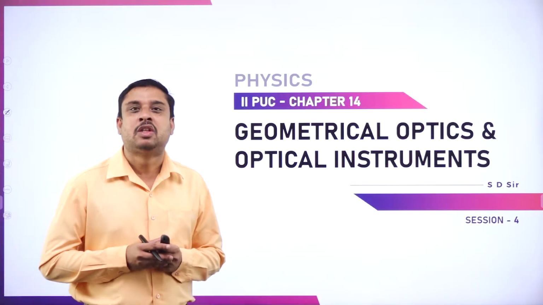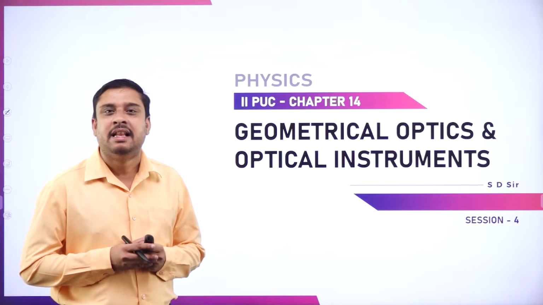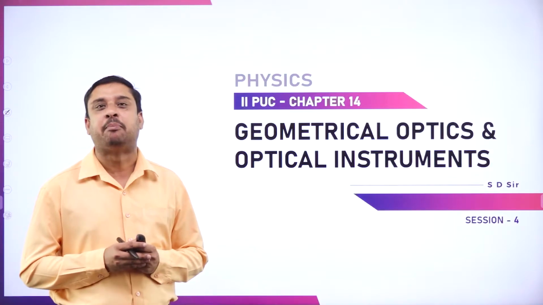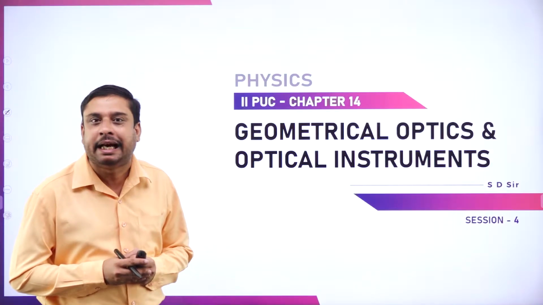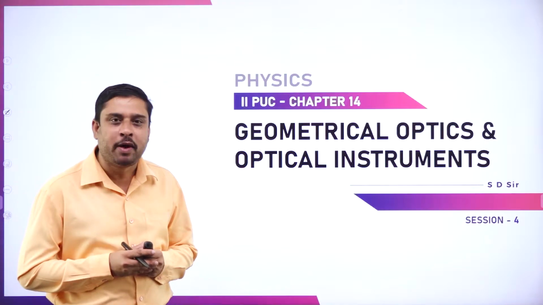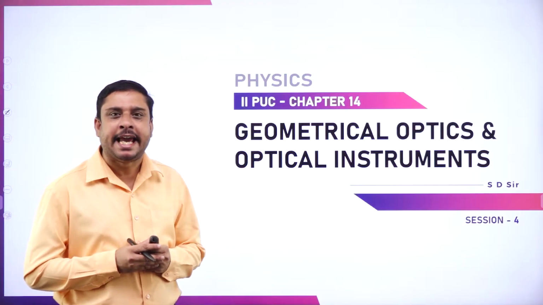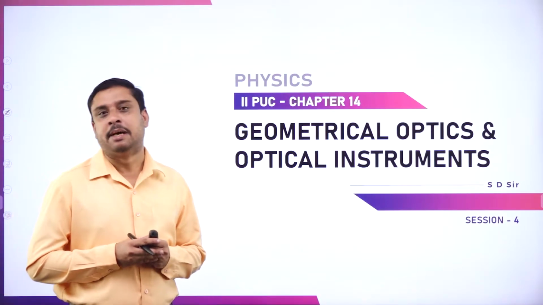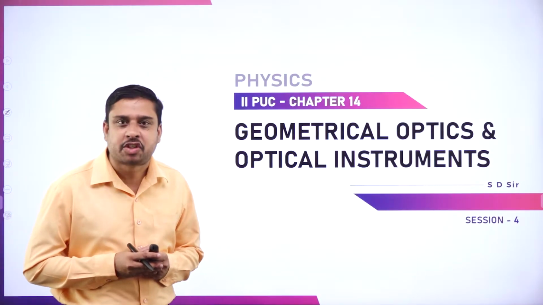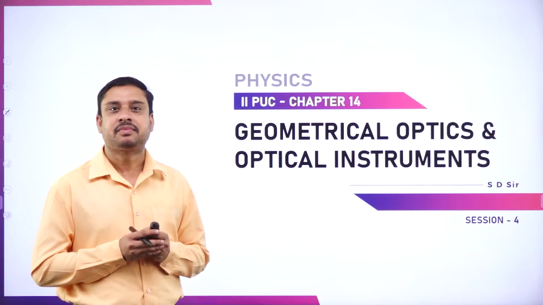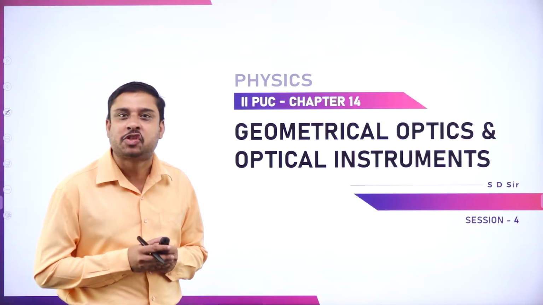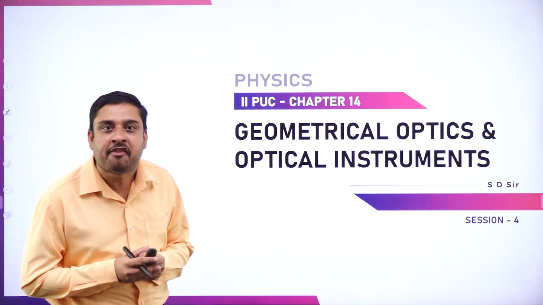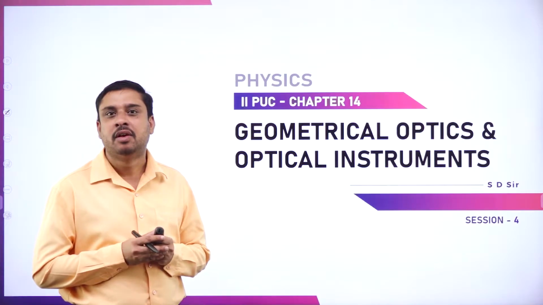With this thought for the day, let us continue discussing our chapter, Geometrical Optics. My dear students, in the previous session, we learnt about refraction of light and we understood the two applications of refraction.